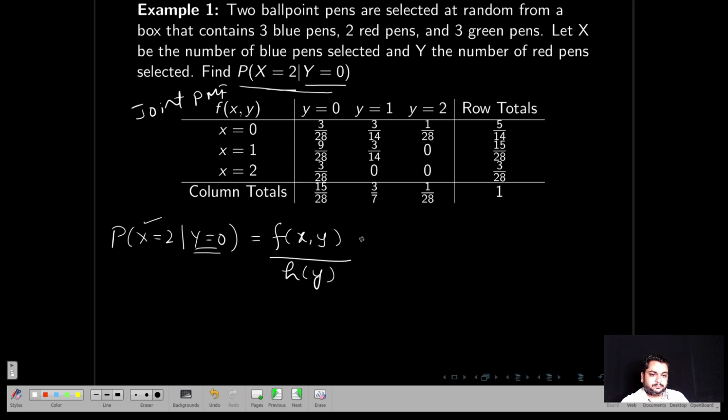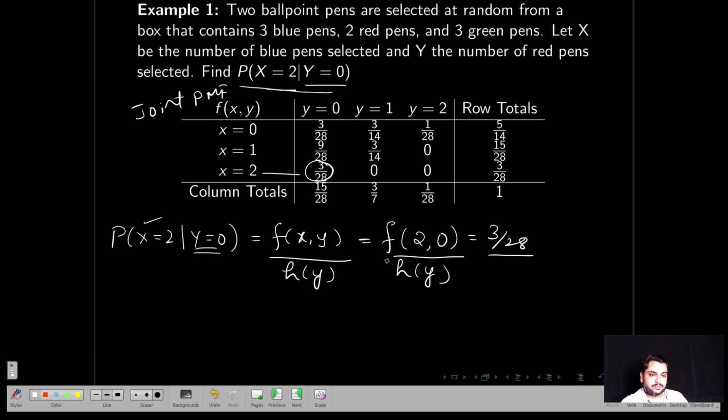How will you find it now? This is equal to f of, what is the x value? They already gave it as 2, and then y is 0. f of 2 comma 0 divided by h of y. f of 2 comma 0, I can directly find from this PMF table, right? They already gave the joint PMF table. From that I can easily find it. f of 2 0 is 3 by 28.